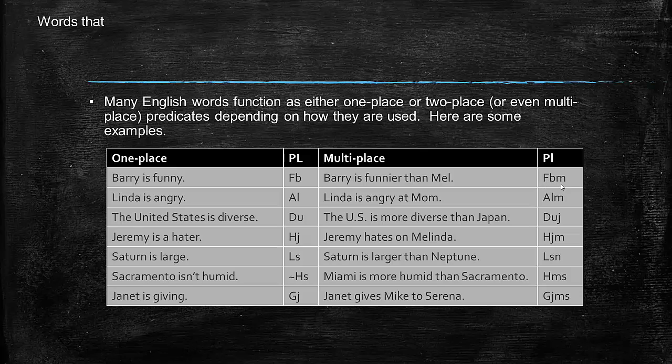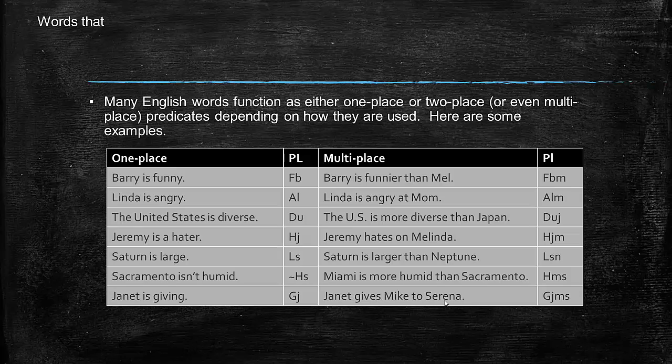Barry is funnier than Mel. Linda is angry at Mom. The United States is diverse. The United States is more diverse than Japan, right? All of these are following the same basic pattern. Janet is giving. We can call somebody a giving person, but we could also say Janet gives Mike to Serena.